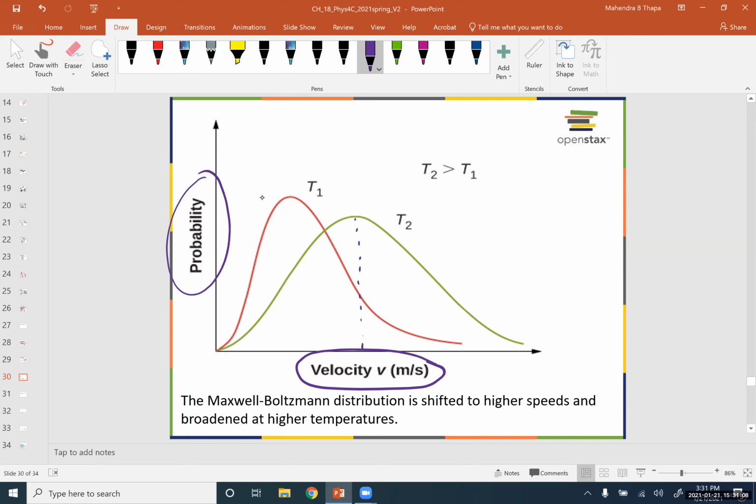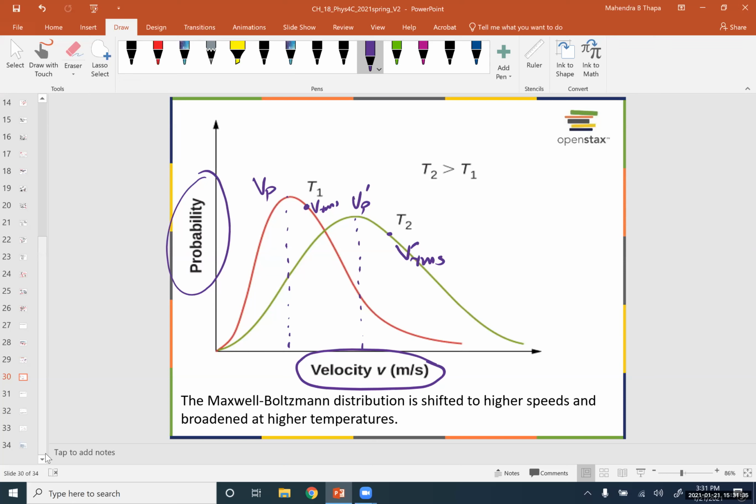If you see here, this is vp, and this is the vp position shift. So vp is here, maybe vrms will be here. For that temperature, vp value is slightly different. It is vp prime and vrms prime for that temperature. So it also shifts towards the right. So this is called the Maxwell-Boltzmann distribution.